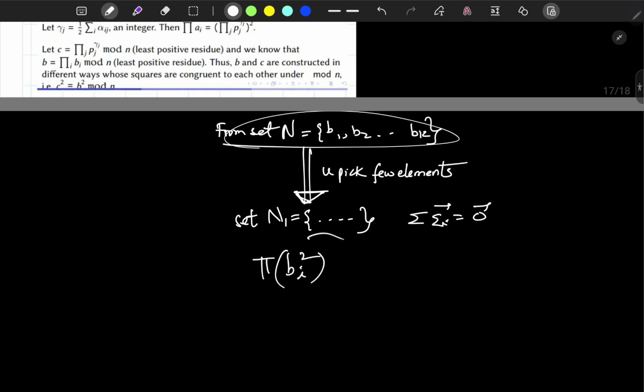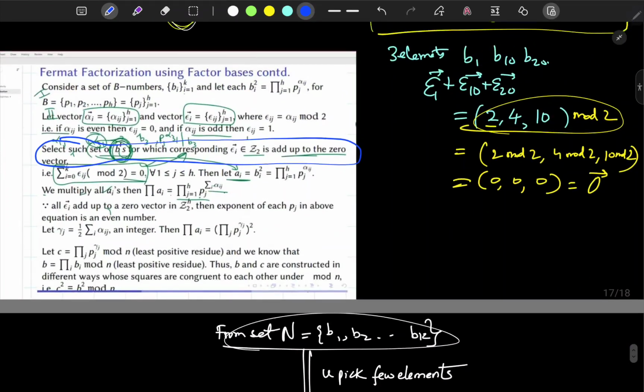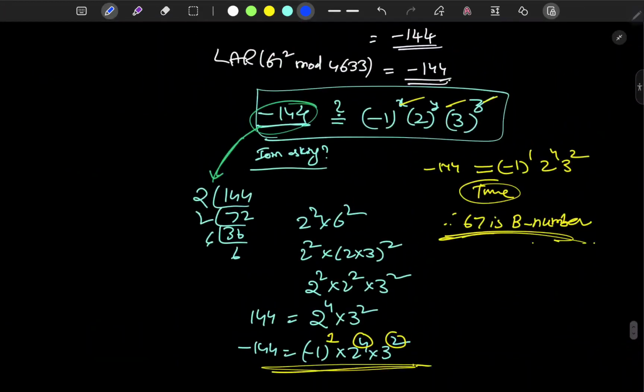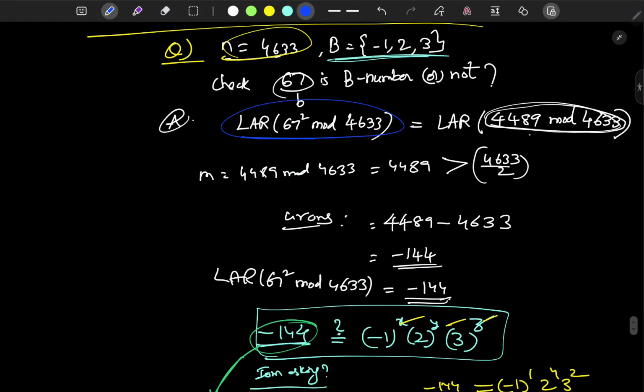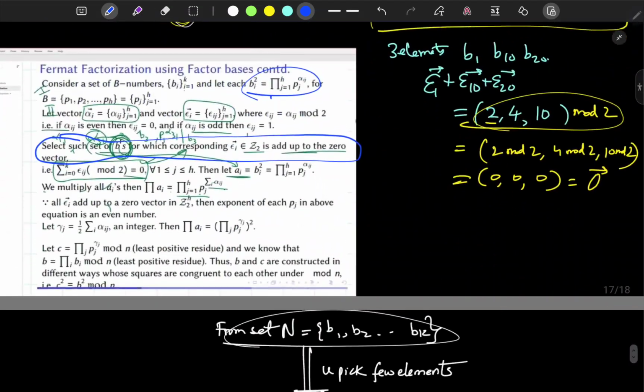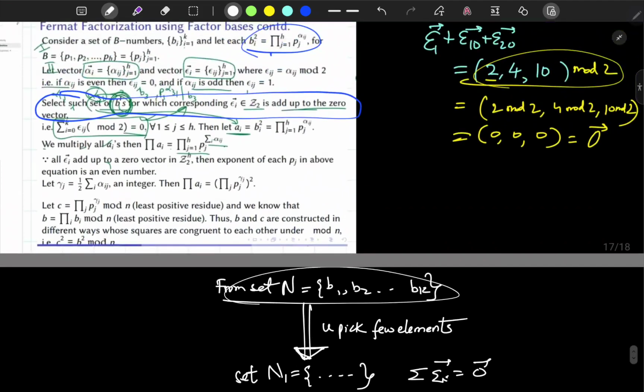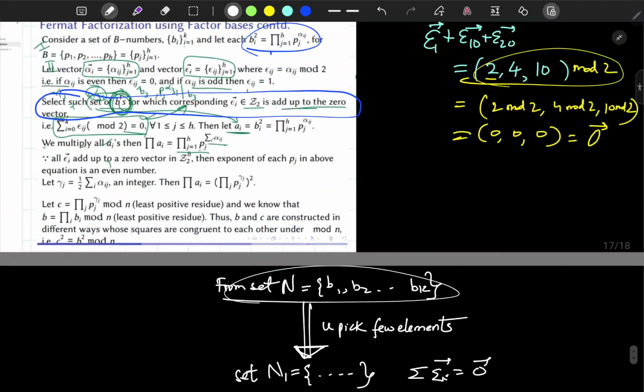The hidden thing is that you have to think of it as bi square mod n; every time we cannot write mod n, but you have to think it is there. Multiply only those numbers.